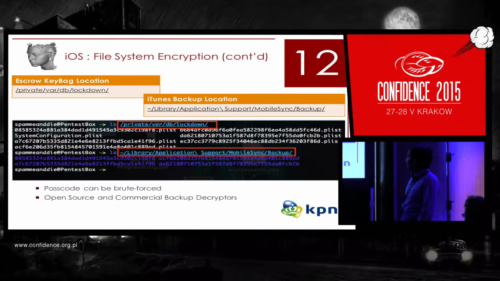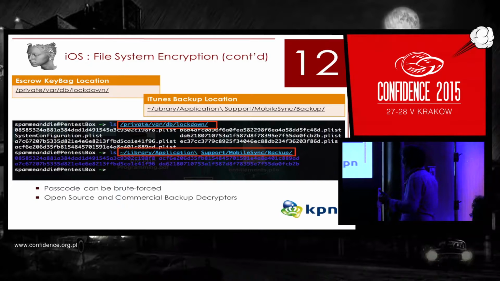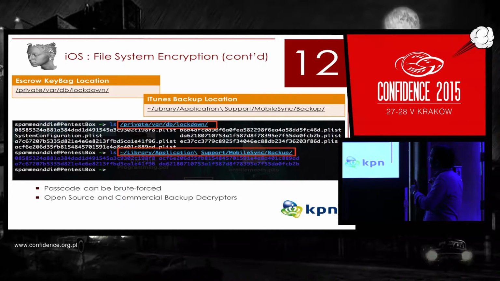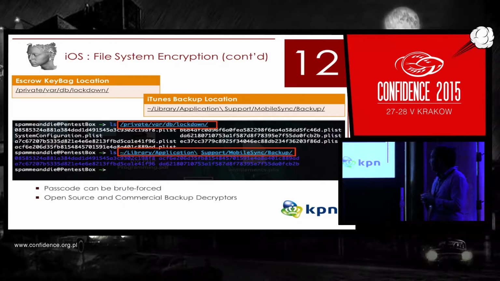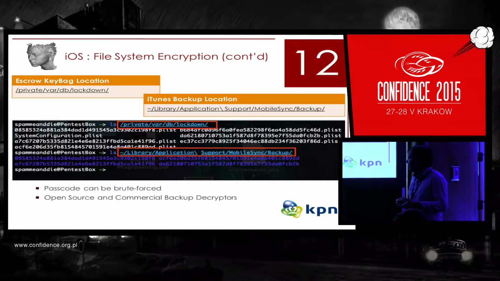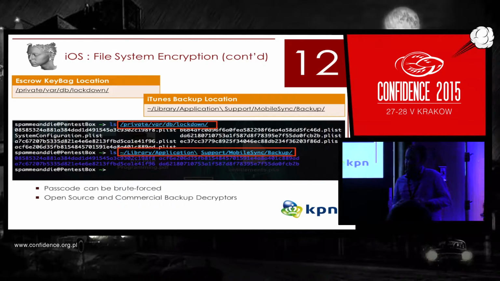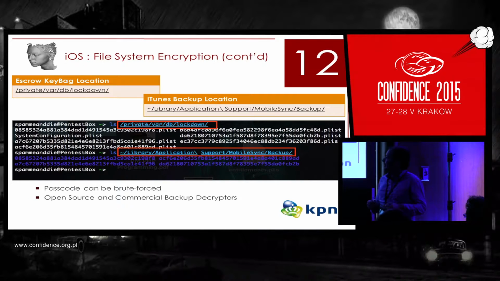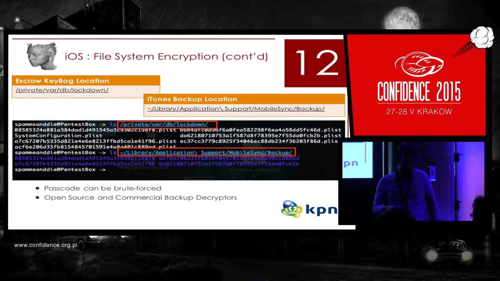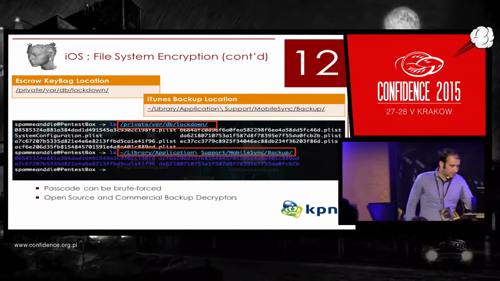And there is also an external iTunes backup location, for instance on a Mac device, that contains all the encryption keys. There are open source decryptors and commercial solutions where you can perform cryptography attacks and try to find out the key. But it is being improved, and some changes took place after iOS 8 and newer versions of the implementations.